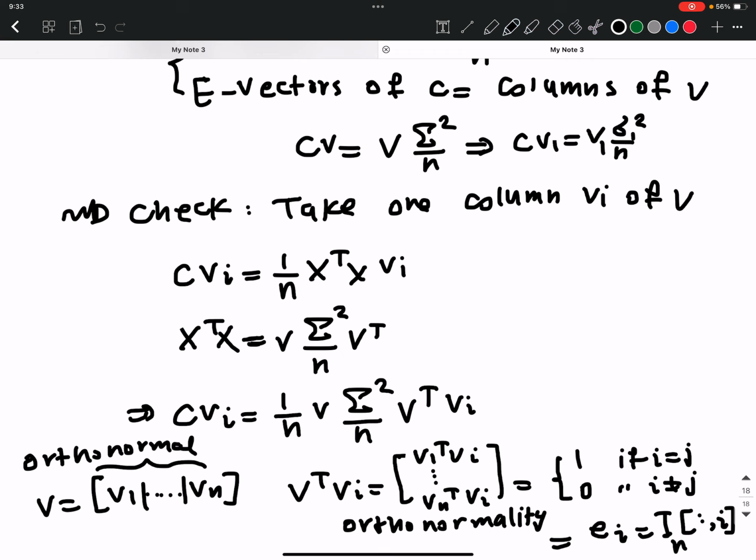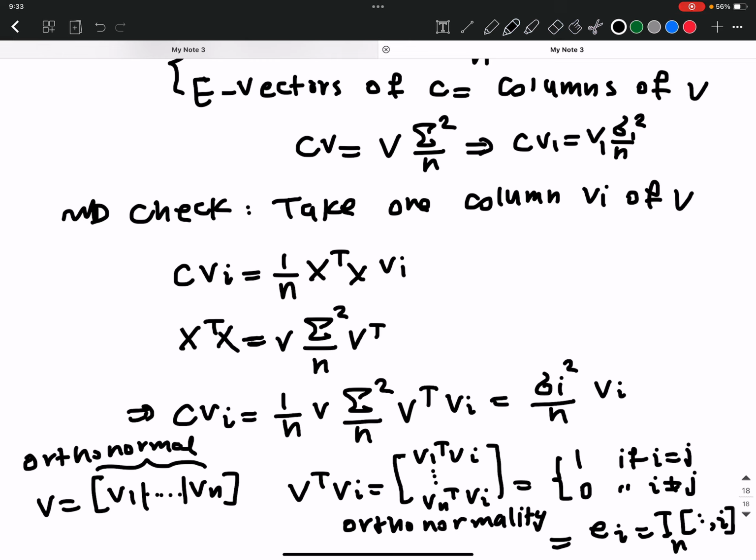I will get sigma_i squared over n times v_i. Similar to what we got there.